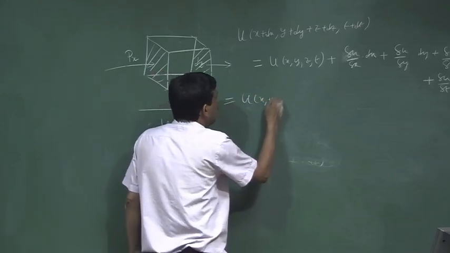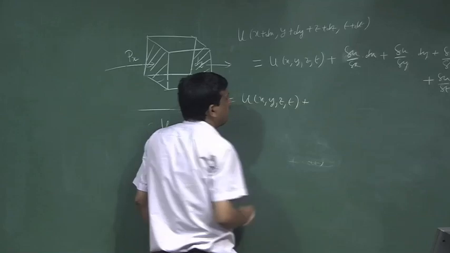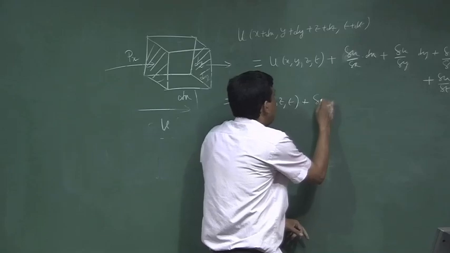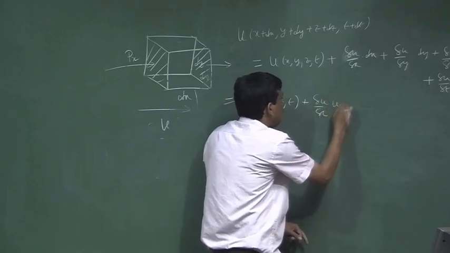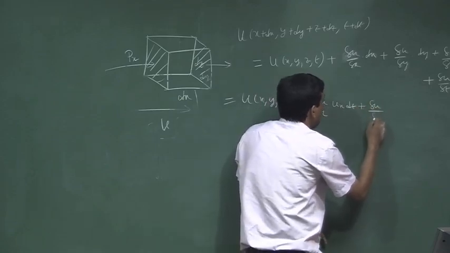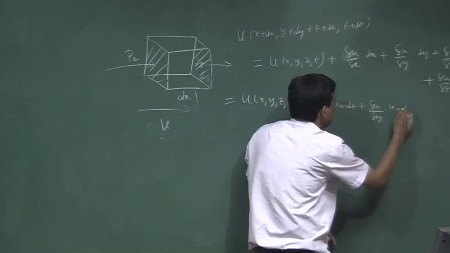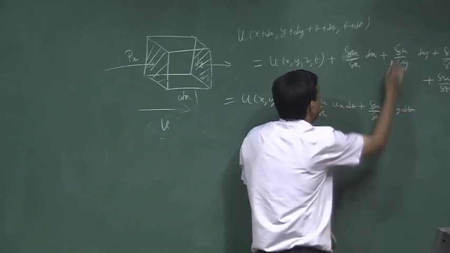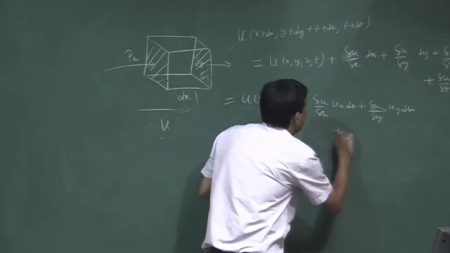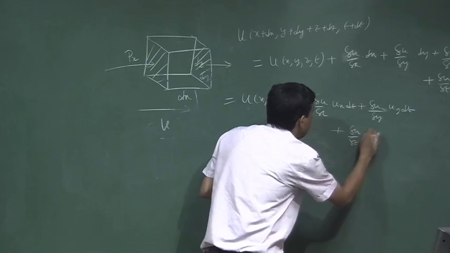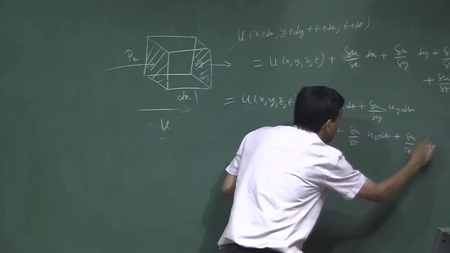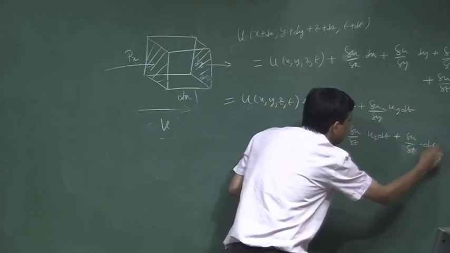So the equation becomes u at x, y, z, t plus, with dx equal to ux dt, del u by del x into ux dt plus del u by del y into uy dt plus del u by del z into uz dt plus del u by del t into dt. So dt is common.